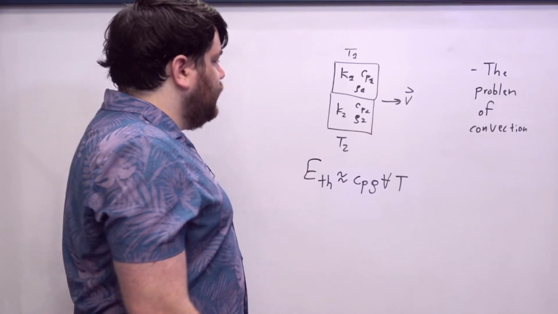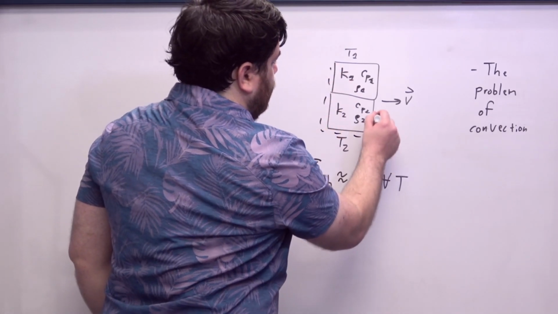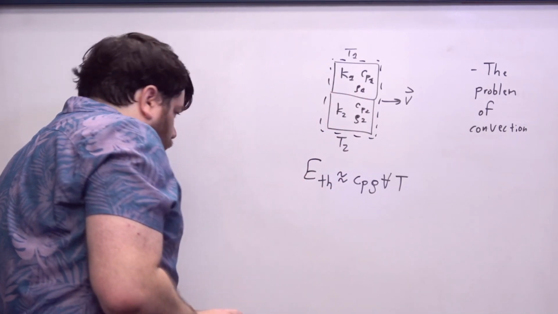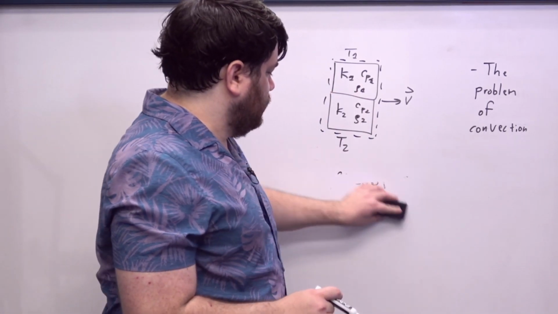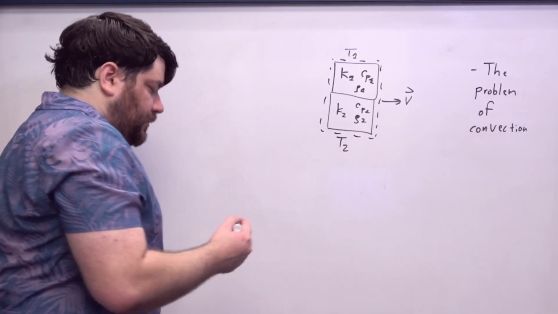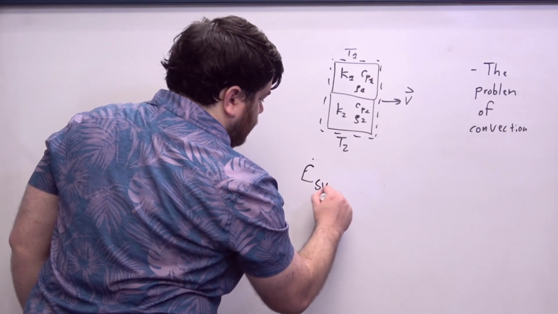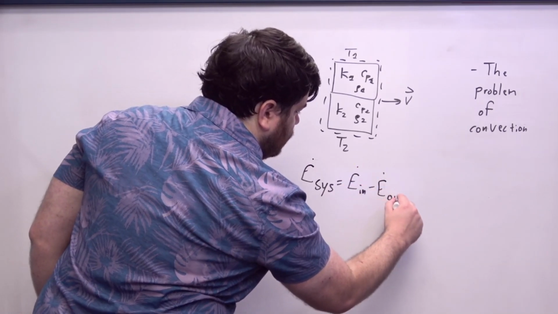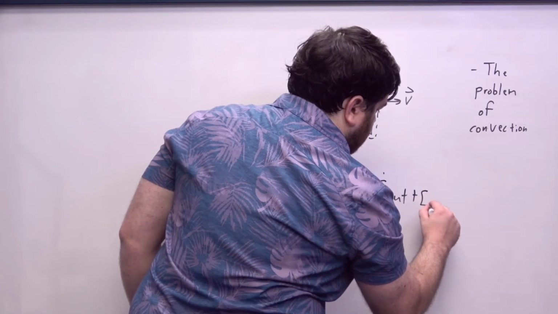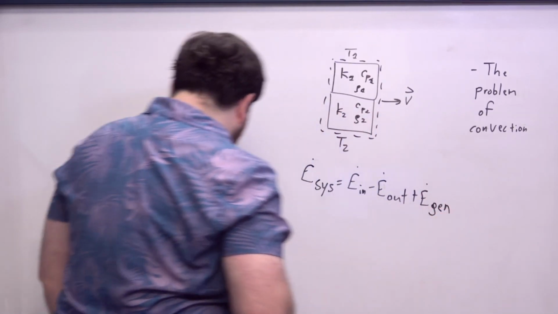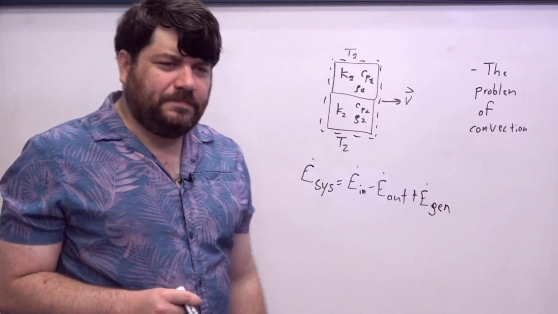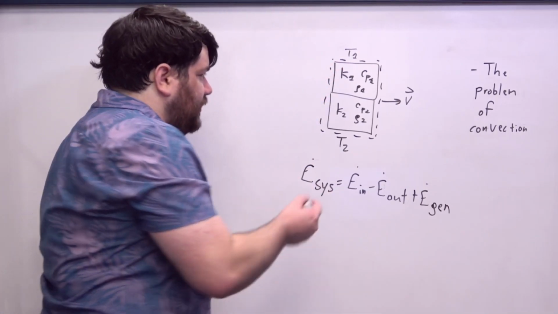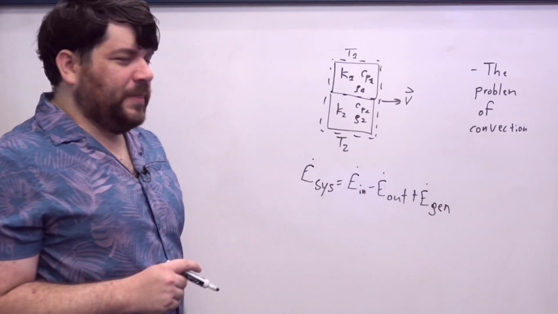And if we try to do an energy balance around this system, we have to consider how the rate of change of this system's energy is affected by the amount of energy that flows in or out, plus the amount of energy that's being generated. I can consider it for either of the two boxes.